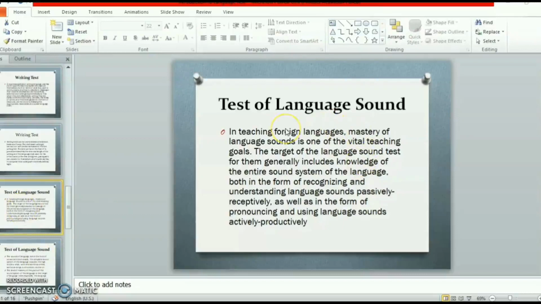First is the test of language sound. In teaching foreign languages, mastery of language sounds is one of the vital teaching goals.